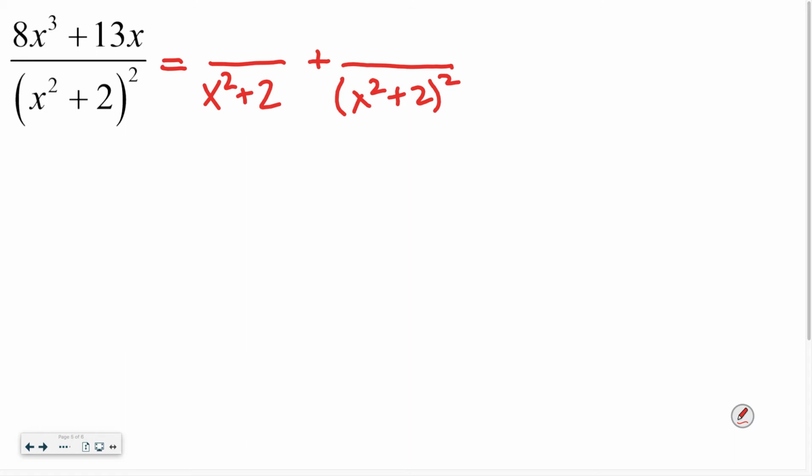But they're quadratic, so our numerators need to be linear.